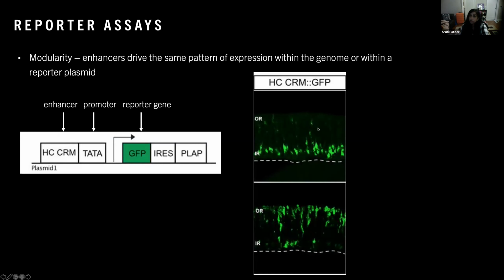What my colleague was looking for here is there's a type of cell in the retina called a horizontal cell. It's an interneuron. So she was looking to identify enhancers that tell the developing progenitor cell, when you divide, you're going to make a horizontal cell.